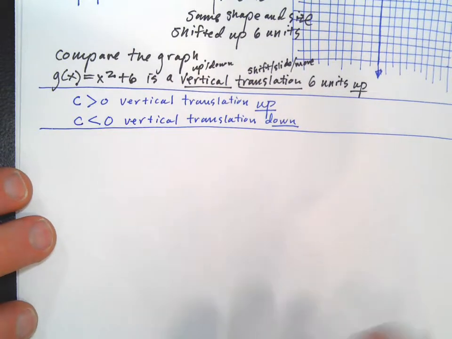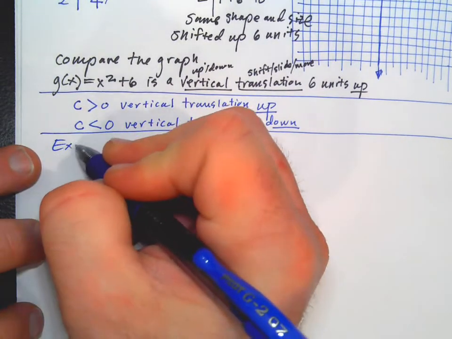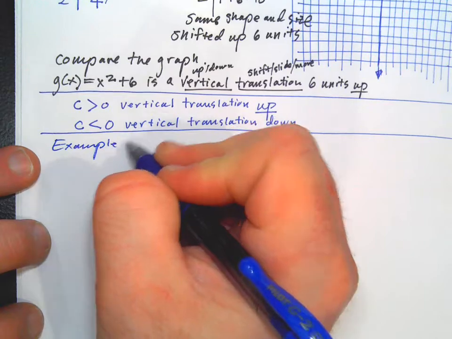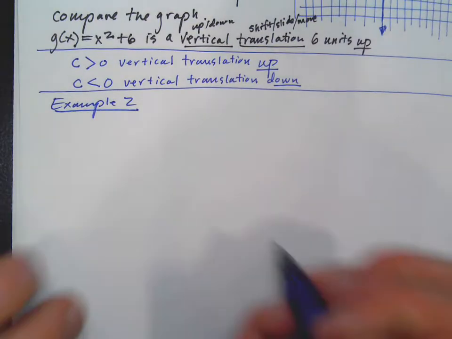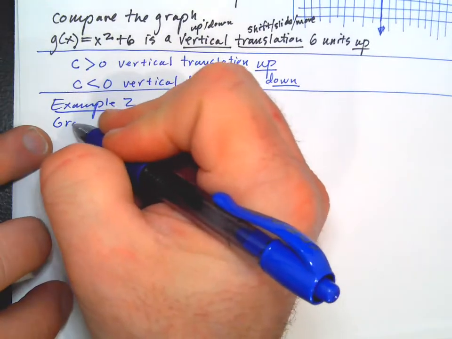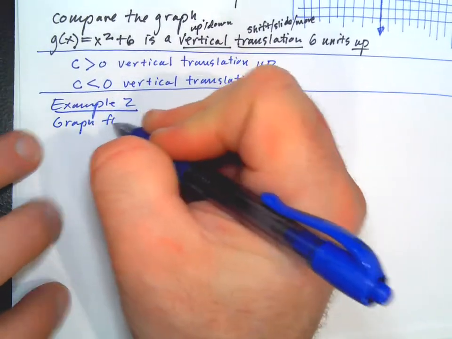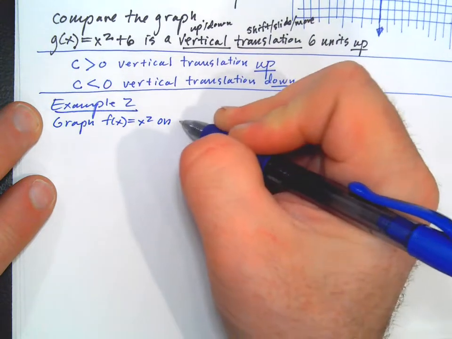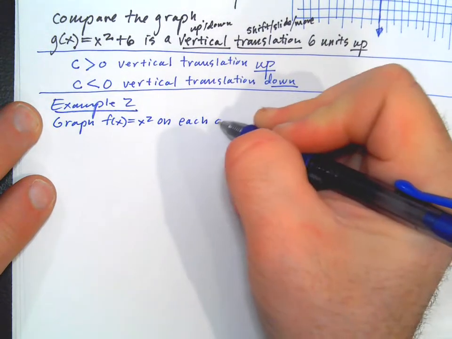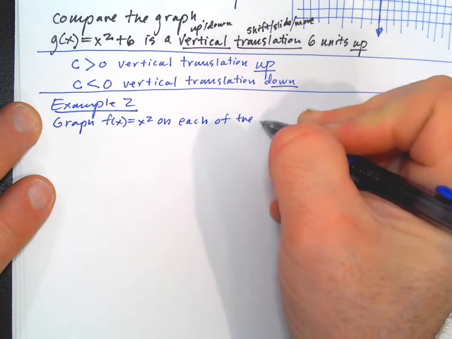So this one, example 2. We're going to do the same kind of thing. The directions are going to say graph f of x equals x squared.